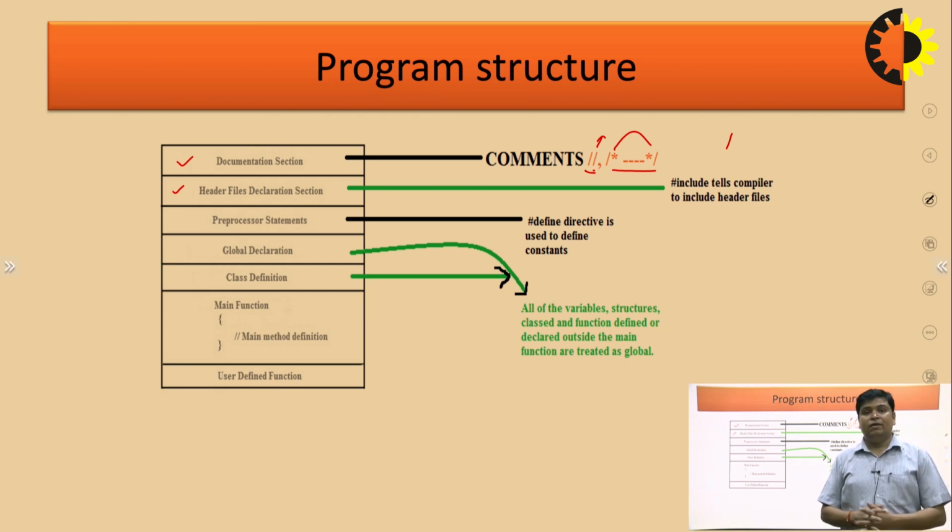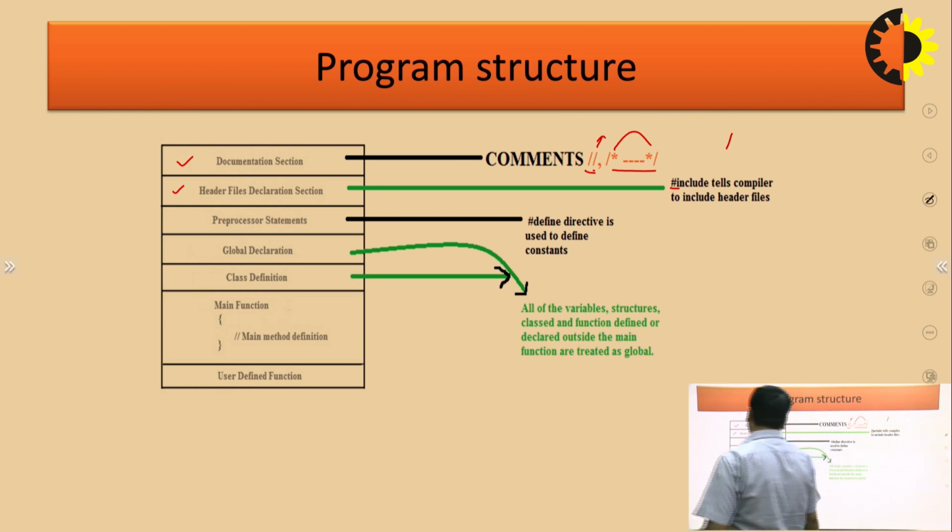Whatever function you want to use, you have to include the particular library. Suppose I am going to use mathematical functions, then it is compulsory to include the math.h header file. Similarly all the header files start with the symbol called hash.